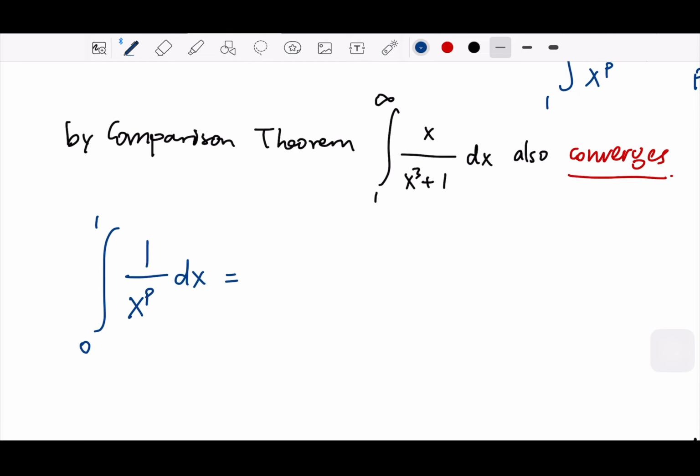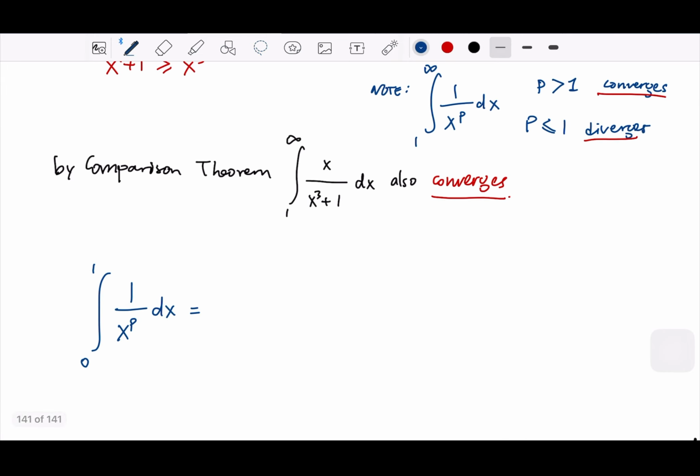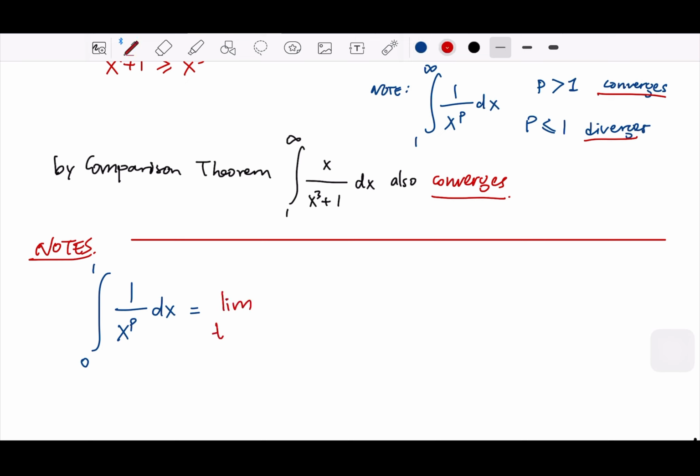So we could write this. These are additional notes. So we can take the limit. Because at 0 we have a discontinuity, we can take a dummy variable t to replace the 0 and take it as close to 0 as possible from the right side.